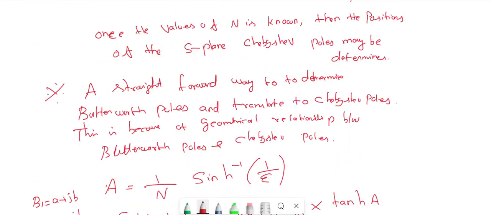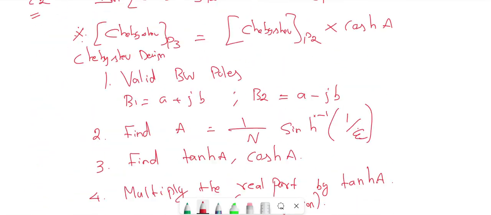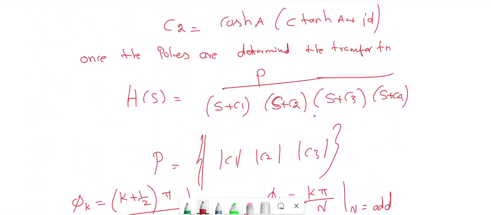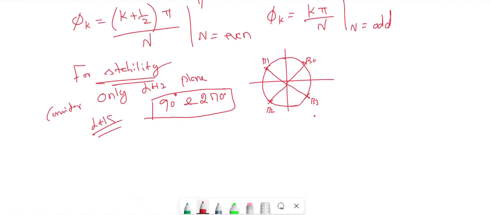All the steps are derived here. Next session we'll solve one or two problems with respect to the given specification and determine all the other parameters. With that we conclude this session.